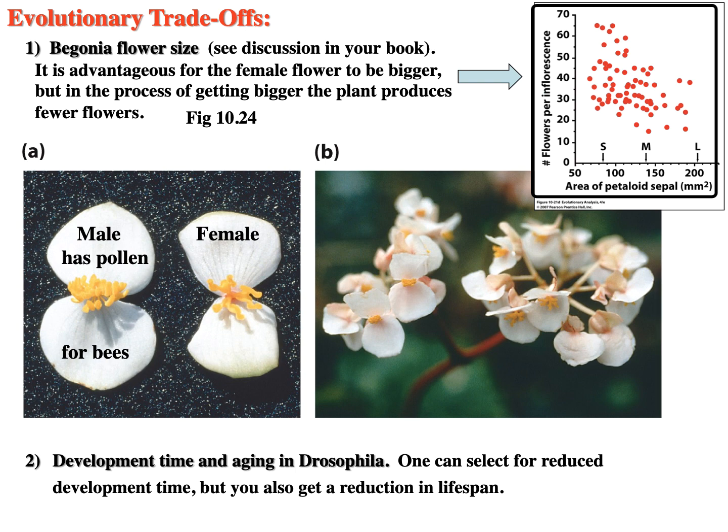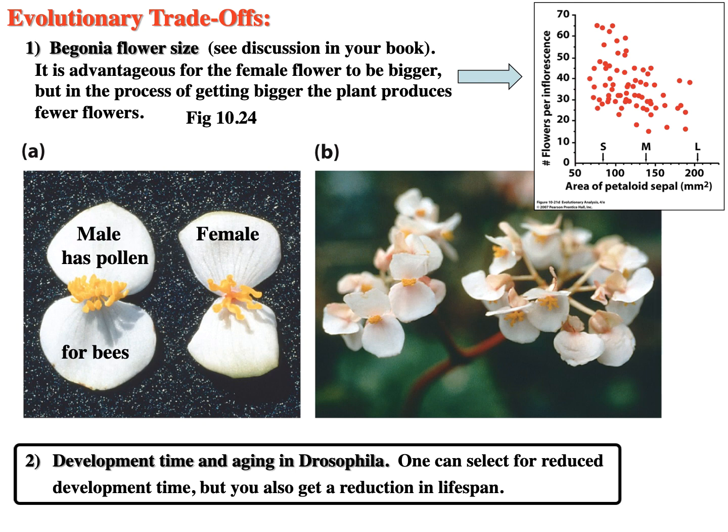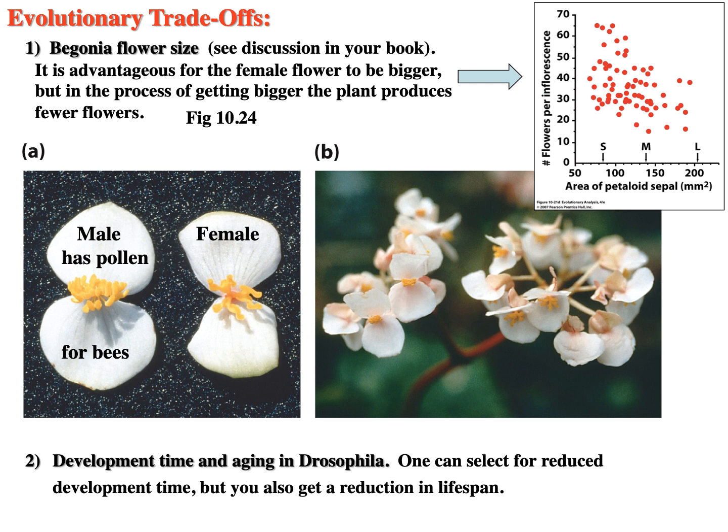So there's a trade-off as to attracting pollinators versus how many flowers to pollinate to make seeds. Down here in Drosophila melanogaster, you can select for reduced developmental time, that is, how long it takes to become an adult. But that also reduces the lifespan of the individual, so there's another trade-off.